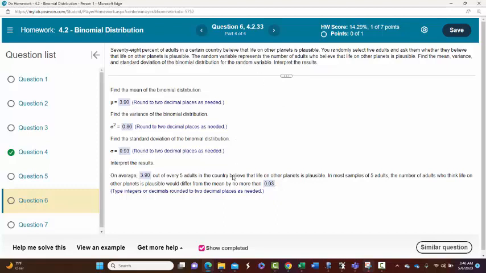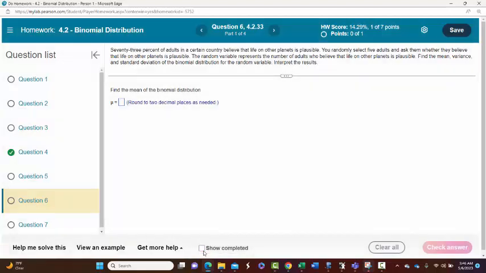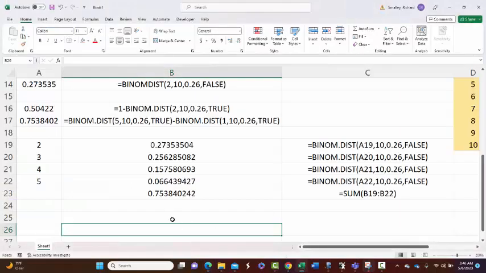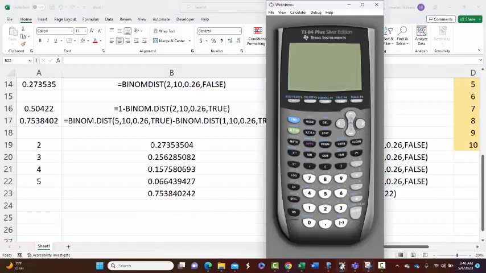Let me undo this. "73% of adults in a certain country believe that life on other planets is plausible. You randomly select 5 adults and ask them whether they believe in life on other planets." Okay, so we're just going to use Excel as a calculator.